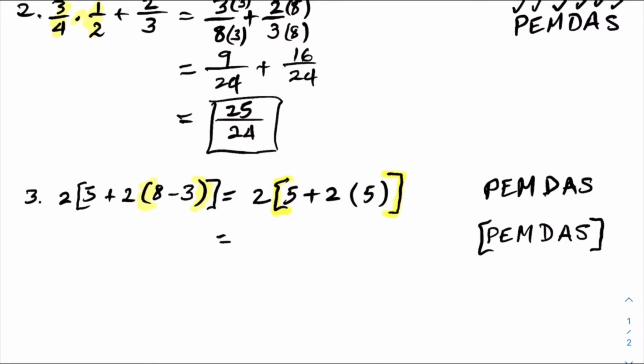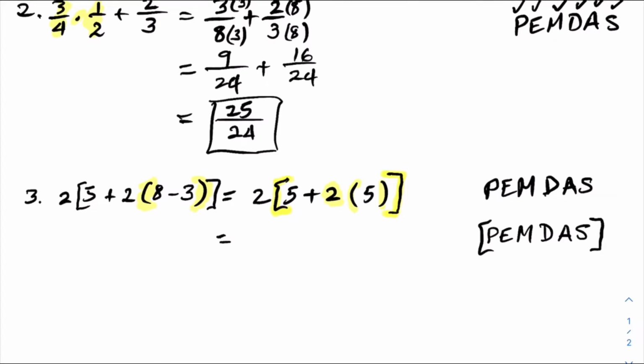So this parentheses with the 2 next to it, this means it's a multiplication step.